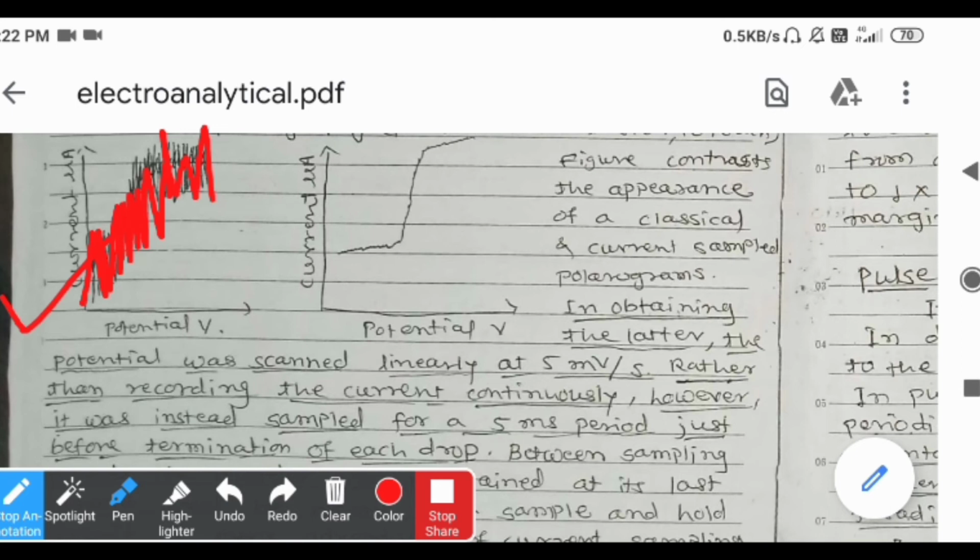But in the case of tast polarography, where we measure the current at the end of the drop, we get very little fluctuation. This reduced fluctuation is the modification incorporated in tast polarography.